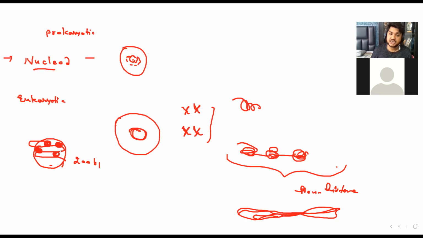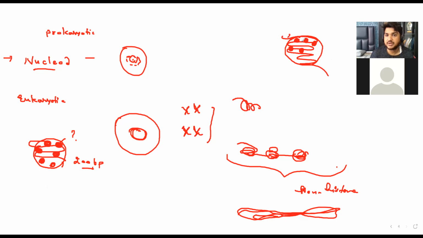One nucleosome is made up of a histone octamer, 8 histone proteins. That's why its name is histone octamer, and the DNA is wrapped around that.